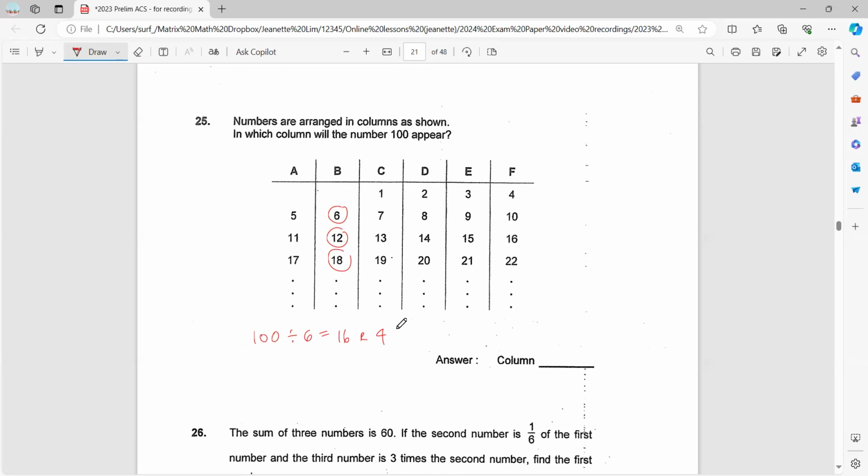But if there's a remainder, you start counting from column B. If your remainder is 1, then it will be in C. Remainder is 2, is in D. Remainder 3, E. Remainder 4, F. So column F. The 4th column after B is C, D, E, then F.